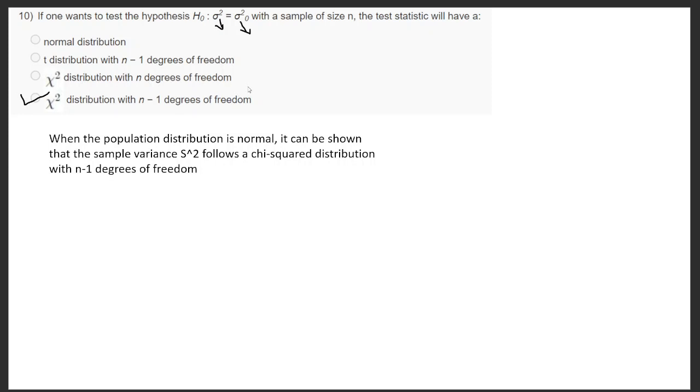So rather than what we have seen, like the normal distribution, standard normal distribution, or t distribution, here when we take the sample variance and population variance as a hypothesis estimator, it will result in chi-square. We have to use the chi-square distribution with n minus 1 degrees of freedom to solve this hypothesis.